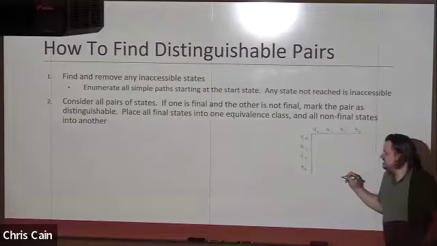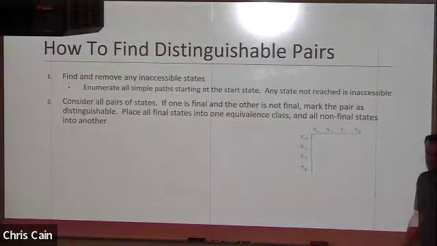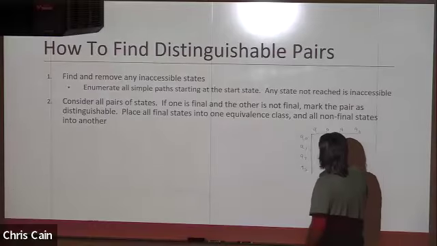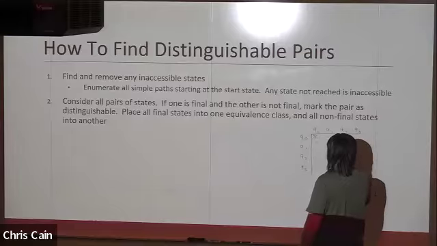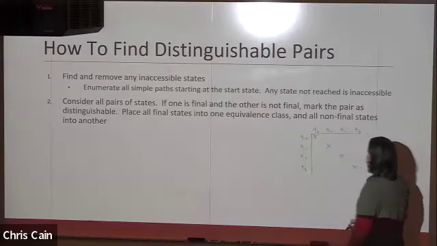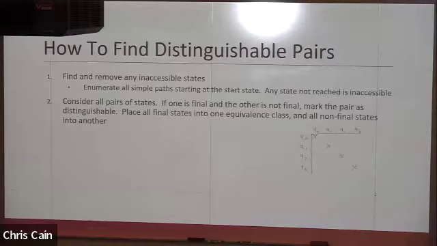It doesn't make sense to consider distinguishability between a state and itself. So we don't care about that, or that. Is distinguishability commutative? If Q0 is distinguishable from Q1, what can we conclude about Q1 and Q0? They're distinguishable.